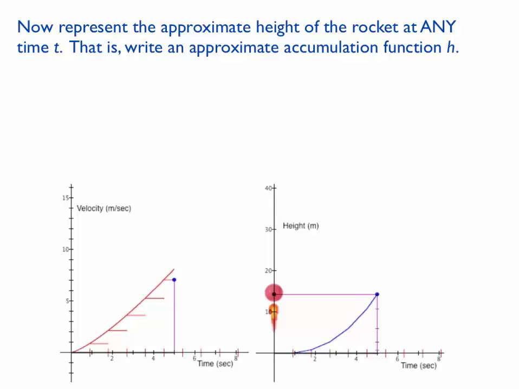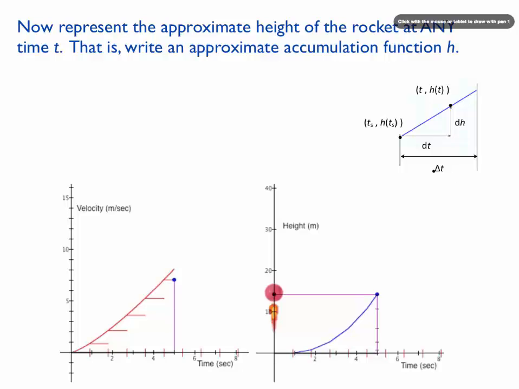In order to do that, we have to remember this very important technique that we have up here. Here I'm showing any moment, okay? We're going to have a starting time of that moment, t sub s, and then all the accumulated height up to that t sub s. And here now we're in the current delta t interval.